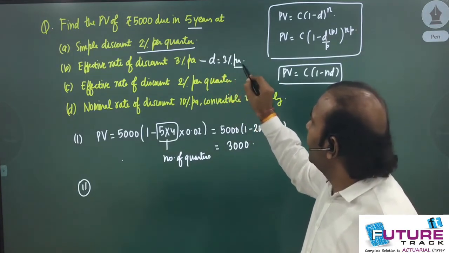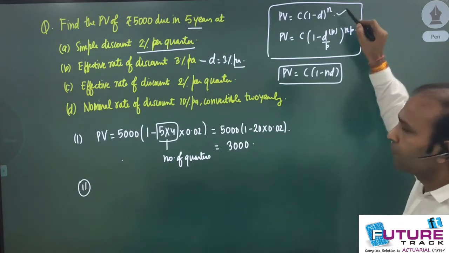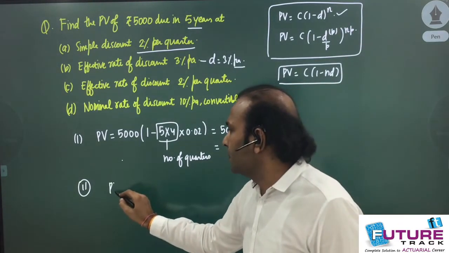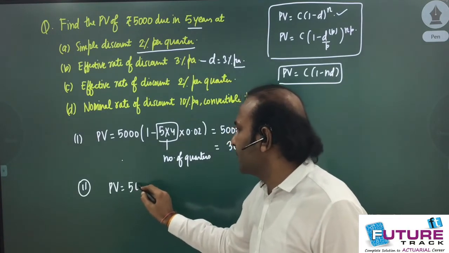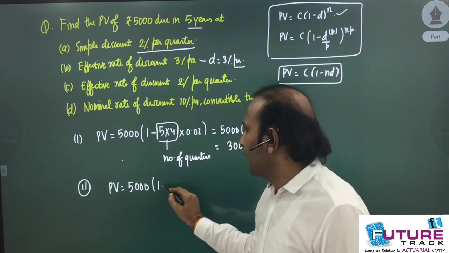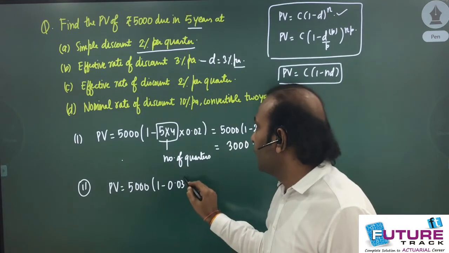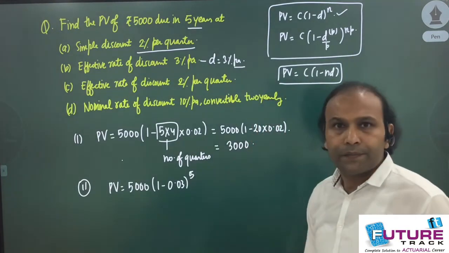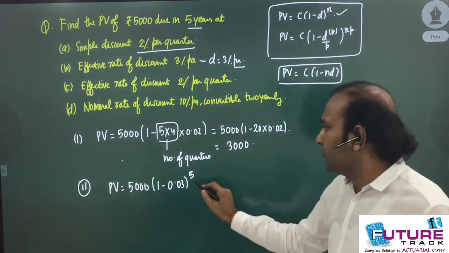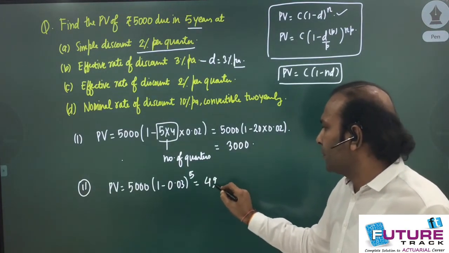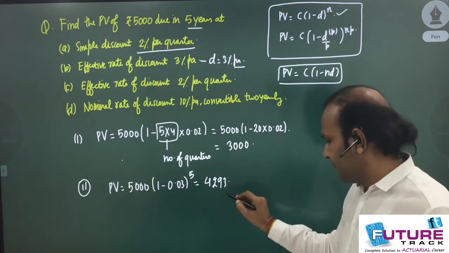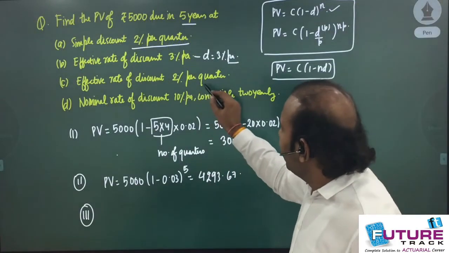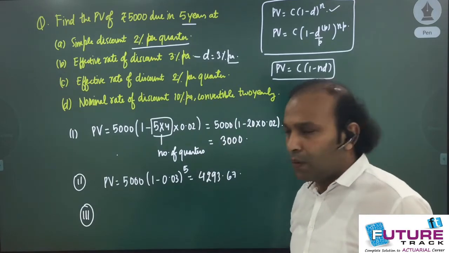Now per year is there, so we can use this, right? So my present value will be 5000(1 − D)^n, n is 5. So when you solve this, you get 4293.67.